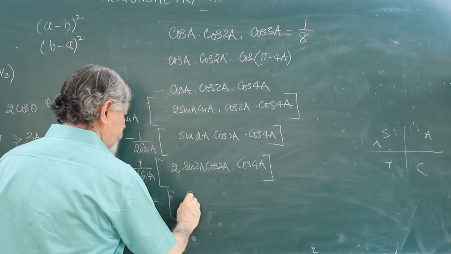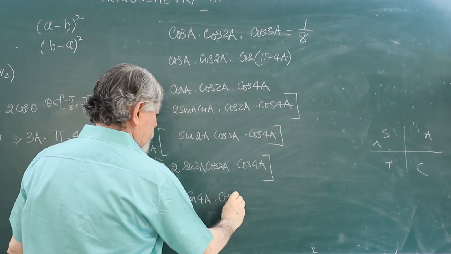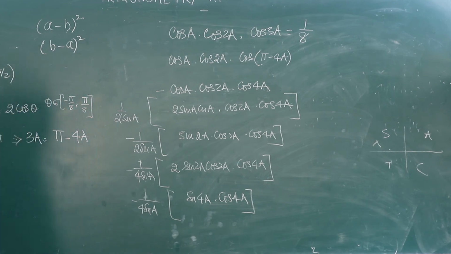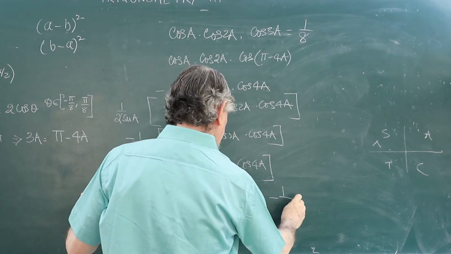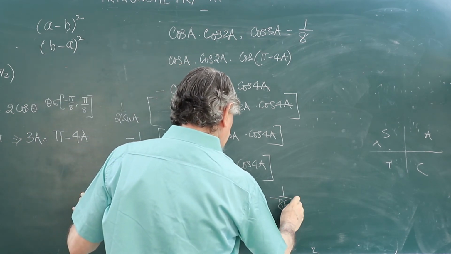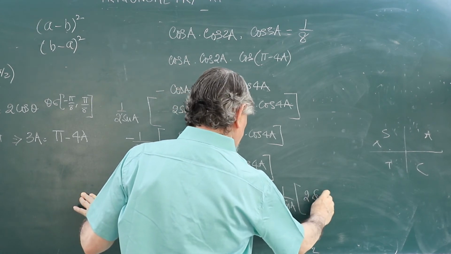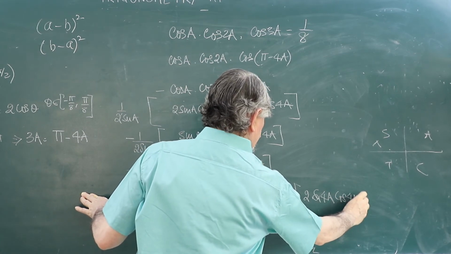Sin 4A cos 4A. Again we multiply by 2 and divide by 2. It will become minus 1 upon 8 sin A, and it will become 2 sin 4A cos 4A.